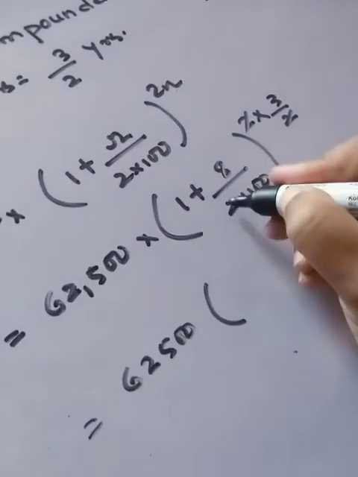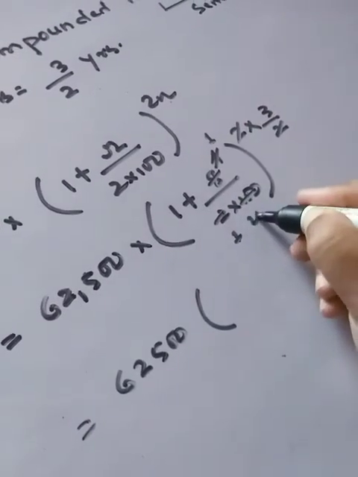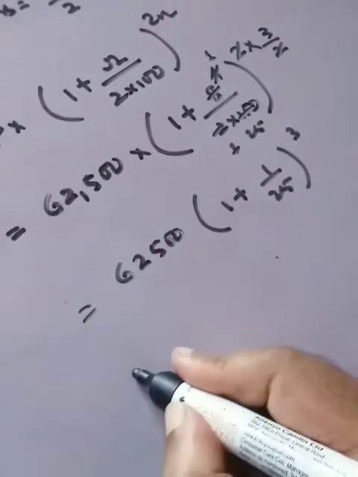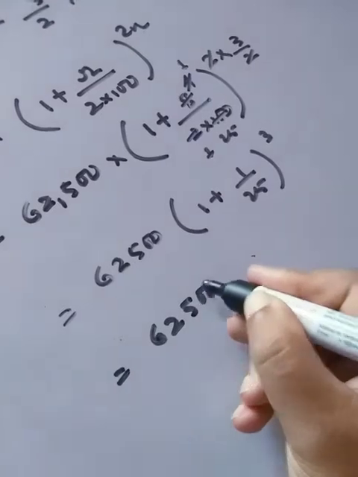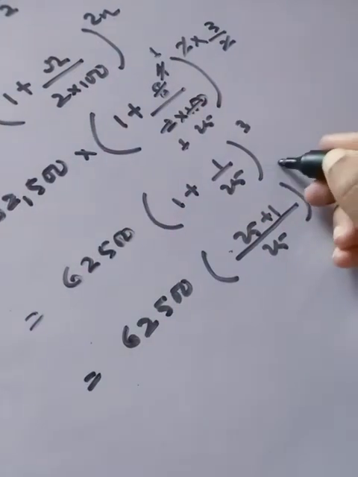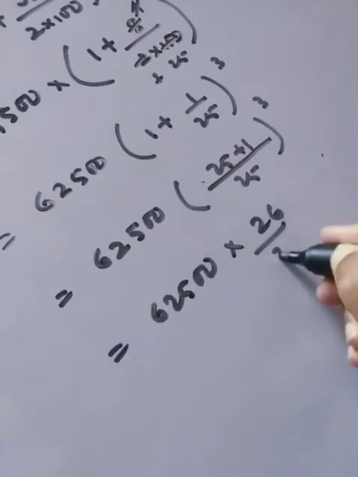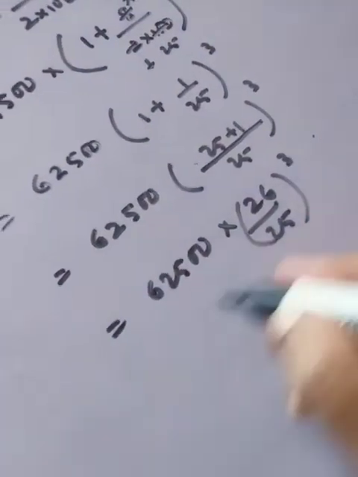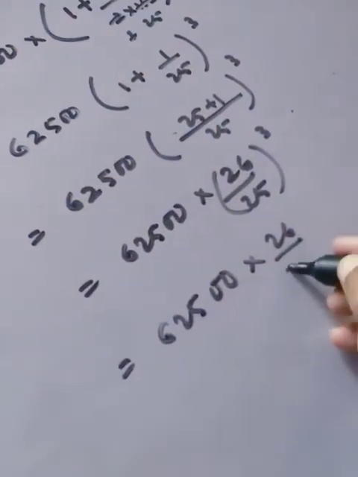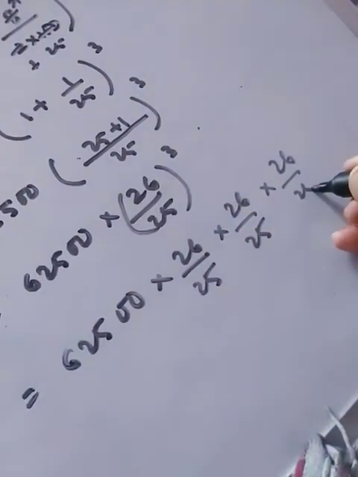You can also reduce this: 2 ones are 2, 2 fours are 8, 4 ones are 4, 4 25s are 100. So it will be 1 plus 1 upon 25, to the power 3. That is 62,500 into 26 upon 25 to the power 3, which is 26 by 25 into 26 by 25 into 26 by 25.